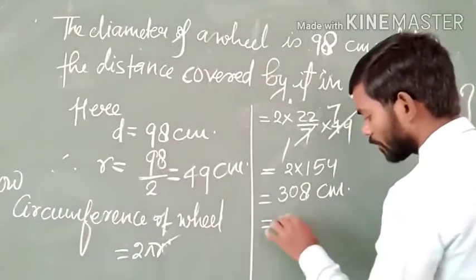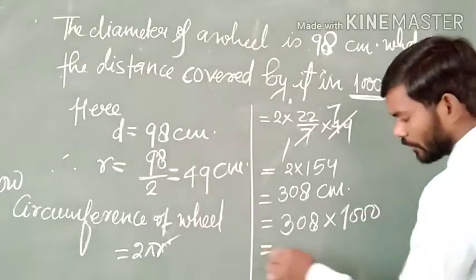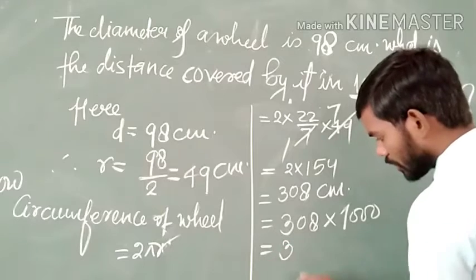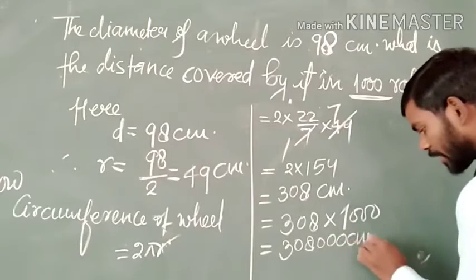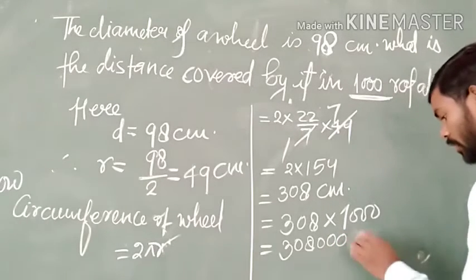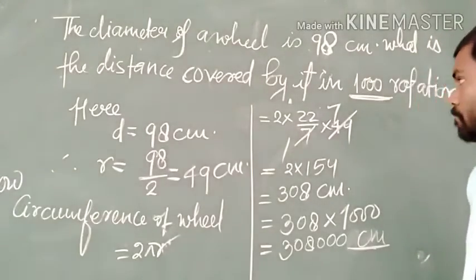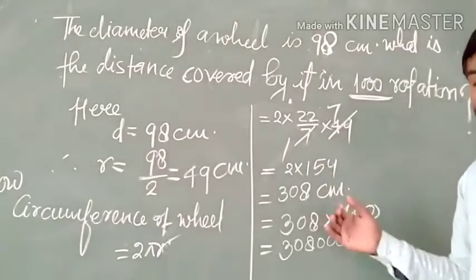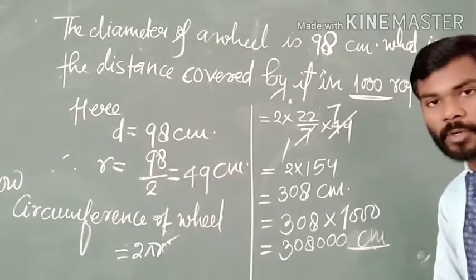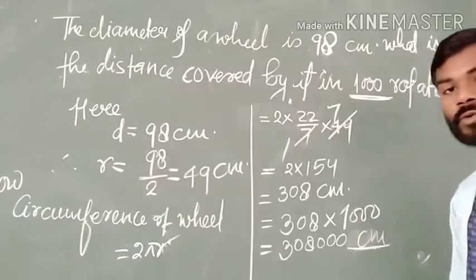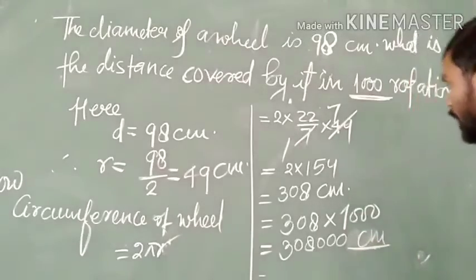Therefore, we have to multiply 308 by 1000, which gives us 308,000 centimeter. So this is the total distance covered by the wheel in 1000 rotations. Since it is given in centimeter, we can convert it into kilometer by dividing by 1 lakh.